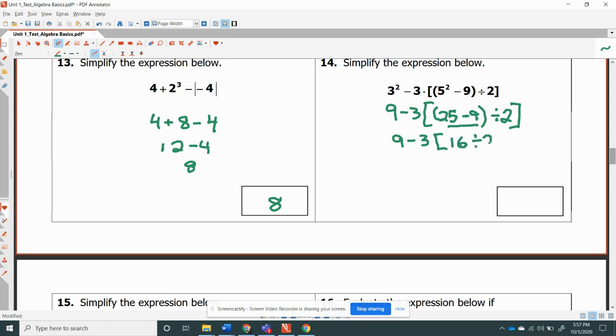That eventually will be divided by 2. Close the bracket. Now we're going to work inside the brackets. 9 minus 3 times 16 divided by 2, which is 8. Now multiplication and division before addition and subtraction. So it would be -3 times 8, which is -24. And 9 minus 24 is -15.